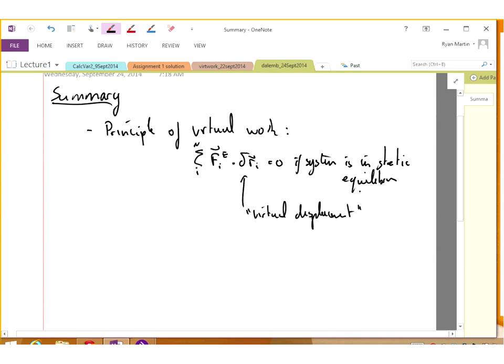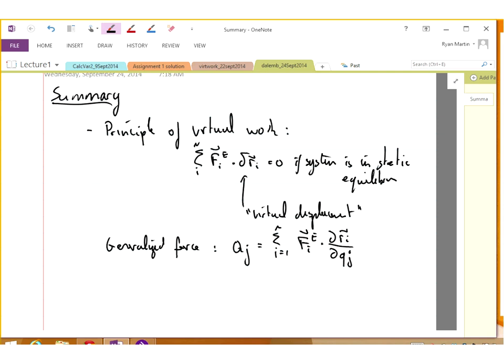We also introduced this concept of a generalized force, Qj, that was the sum from i equals 1 to N of the external forces dotted with the partial derivative of the vector of where the force is applied.